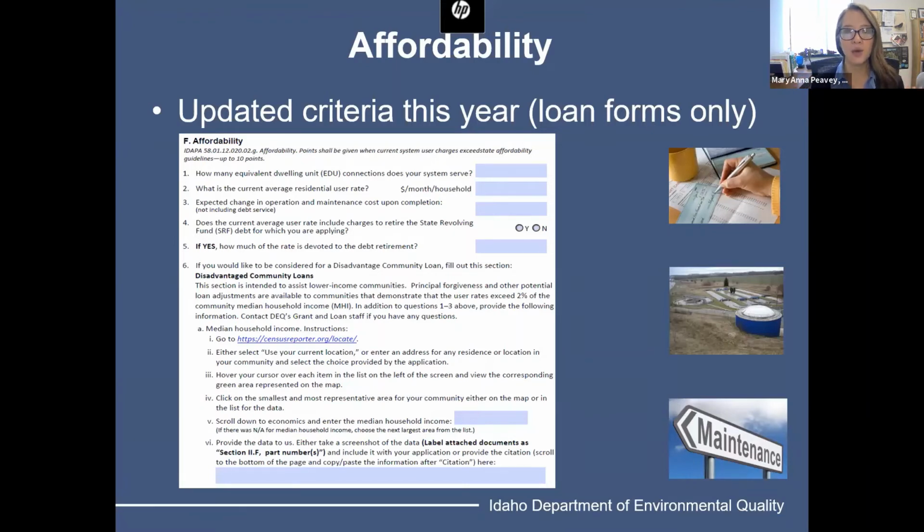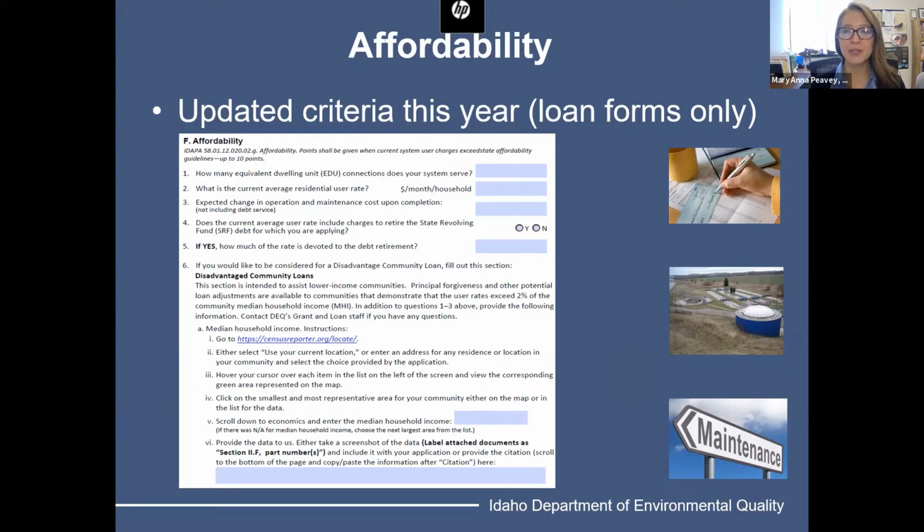Again, if your user rate is over 2% of the median household income, you would qualify as being a disadvantaged community. Now here, we will show you in just a little bit how you can figure out what your median household income is, or your MHI for your community.